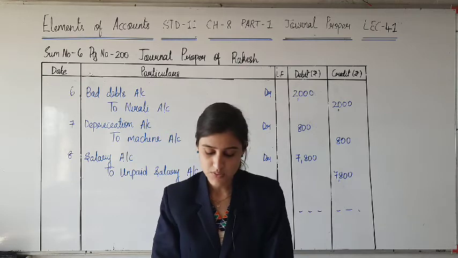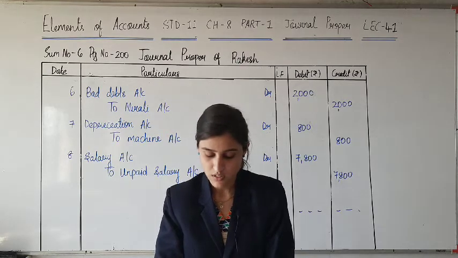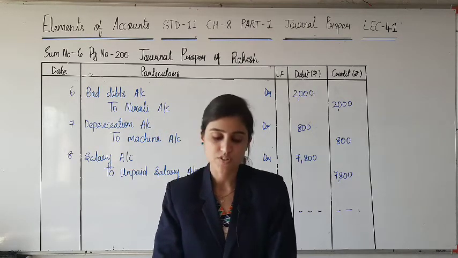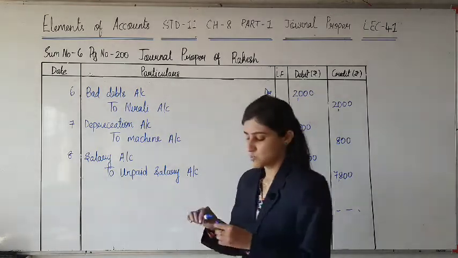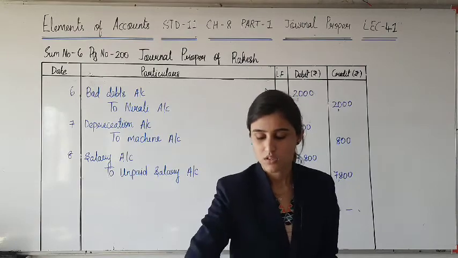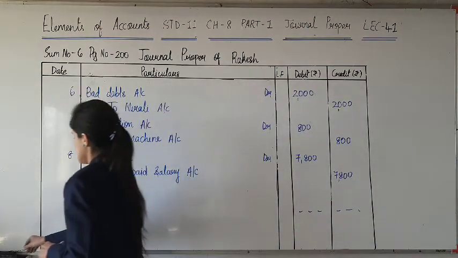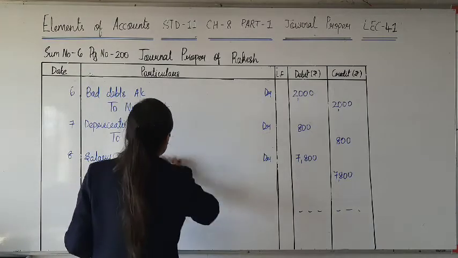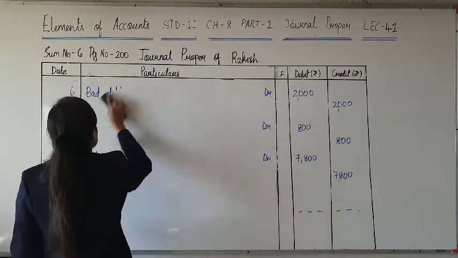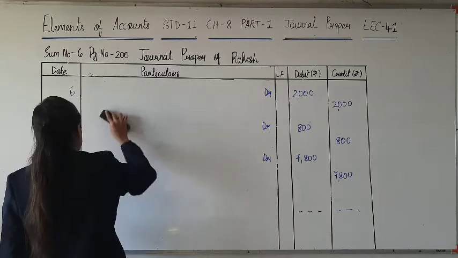So the next sum that we are starting is sum number 7, which is journal proper of Sri Ekta. Let me clean the board and modify a bit. You can also prepare the specimen in your book by that time so that you can solve the sum with me. I will quickly clean this.